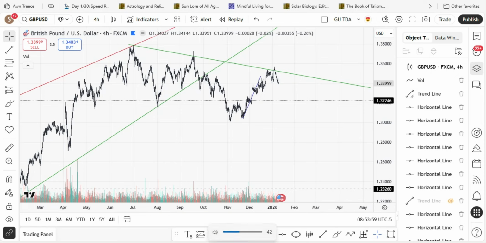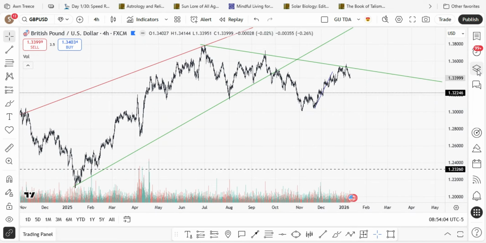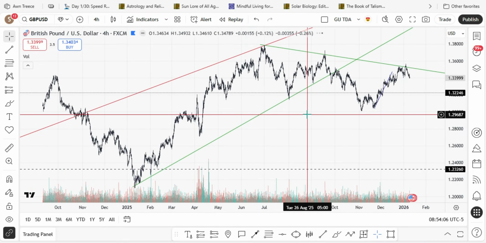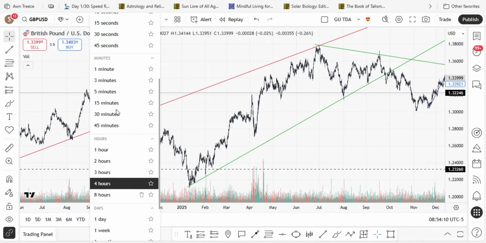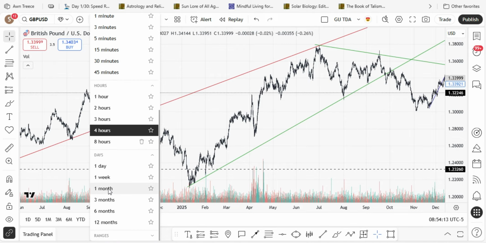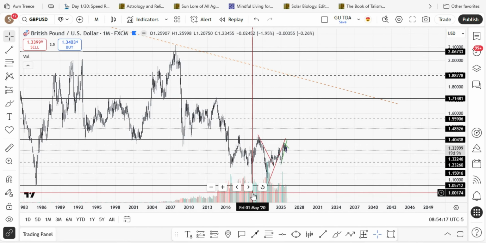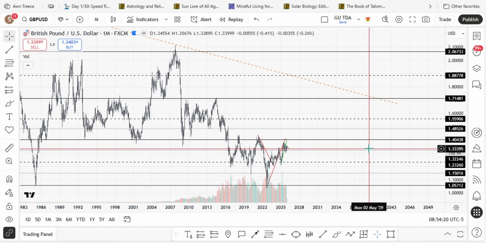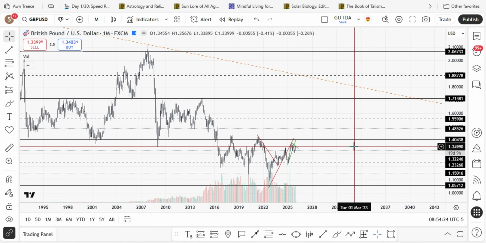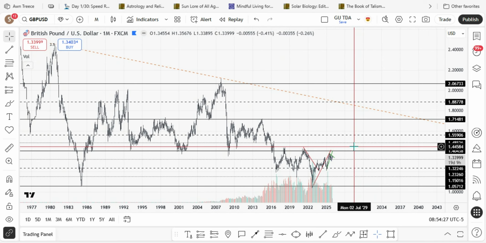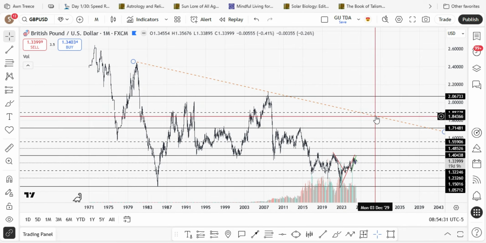Okay, so this is a fairly new chart. I just have my foundation levels here and a couple of trend lines.